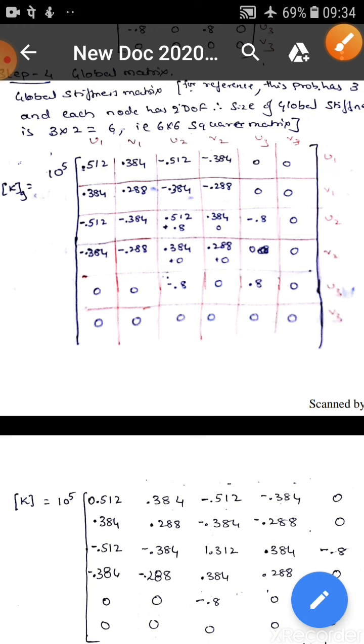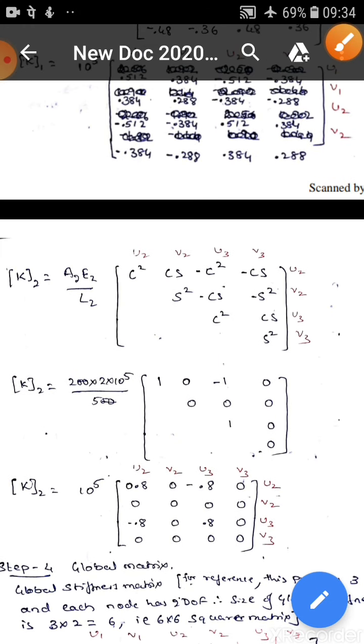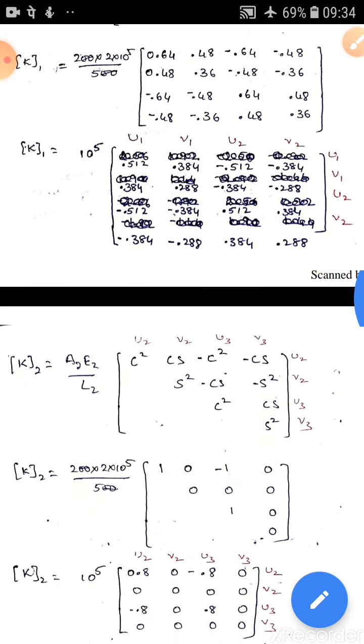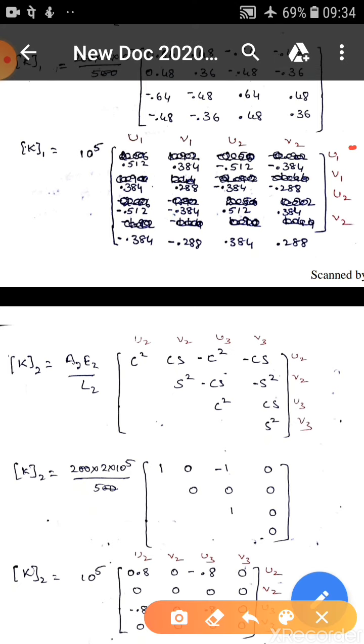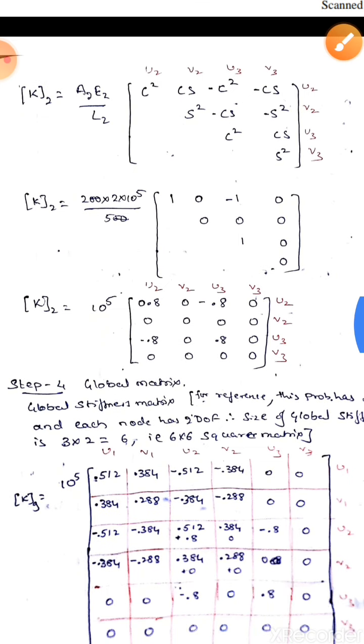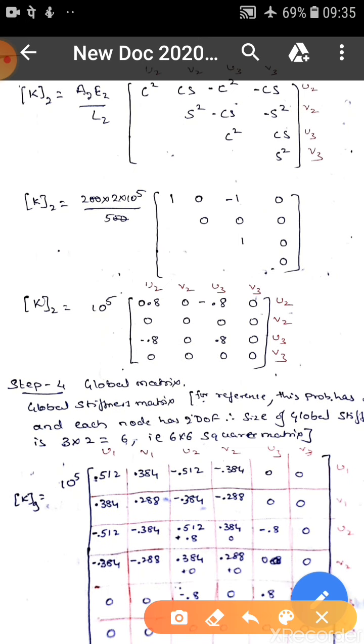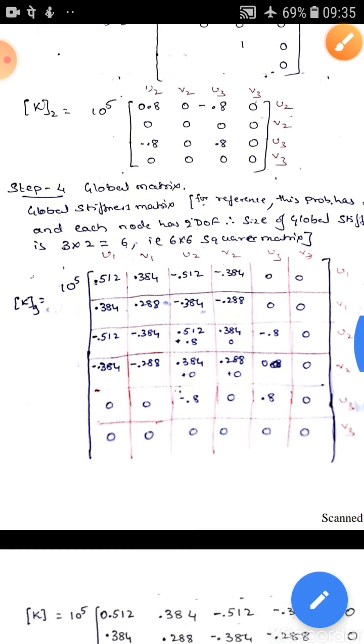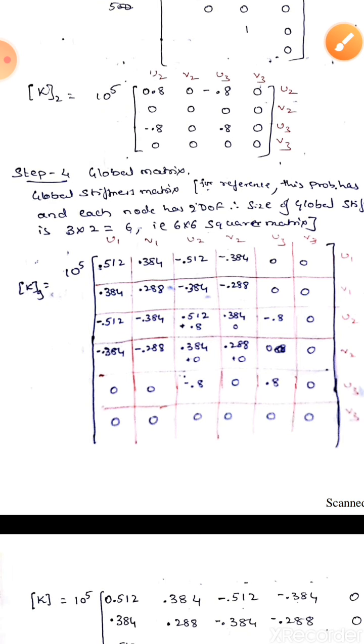Where do you have to refer? You refer to the element stiffness matrices, both of them. The u1 row, u1 column is present here; u1 row, v1 column is present here; u1 row, u2 column is present here; u1 row, v2 column is present here. If I check element 2, u1 is not present, so leave it off. So the u1 row values for u1, v1, u2, v2 are directly taken from stiffness matrix 1.